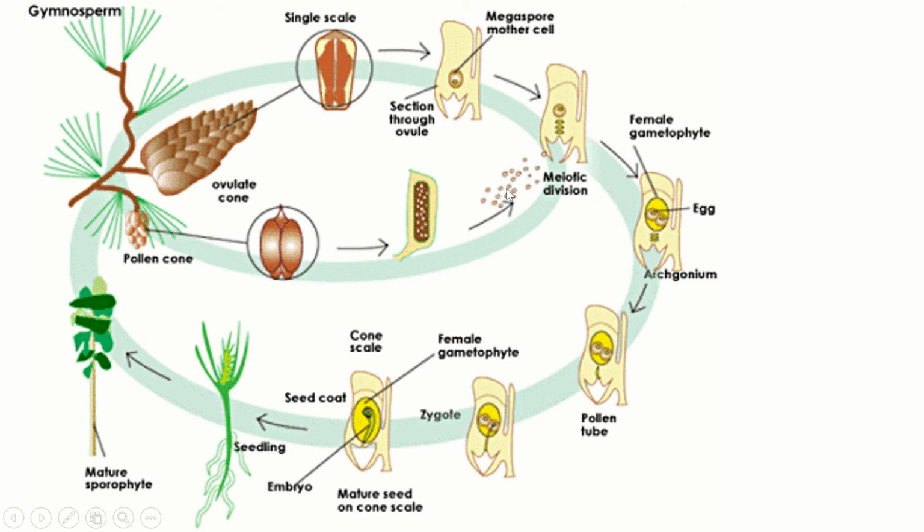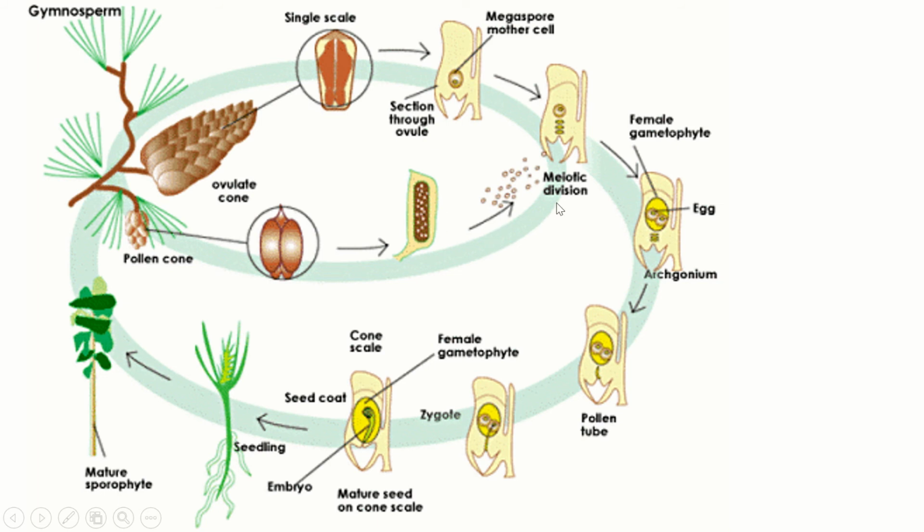And that's where meiosis is happening, creating spores that then grow to become the egg and sperm. It's a little complicated. So the megaspore becomes the female, the microspore is the male.